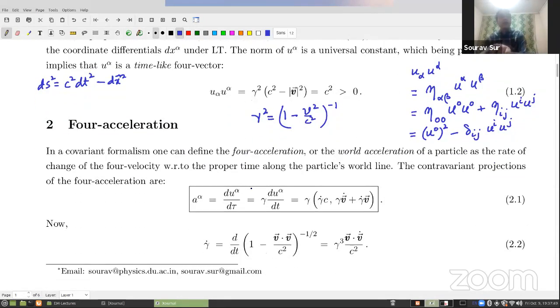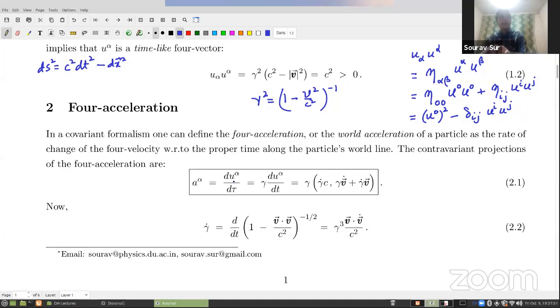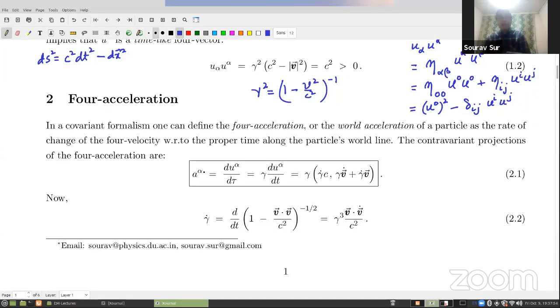Similarly, you can work out the 4 acceleration. The 3 acceleration is dv dt. Here the 4 acceleration will be du d tau, the same way. And as you work out, u alpha is gamma c, gamma v. So the derivative will give you gamma dot c and gamma v dot plus gamma dot v, whole thing times gamma.